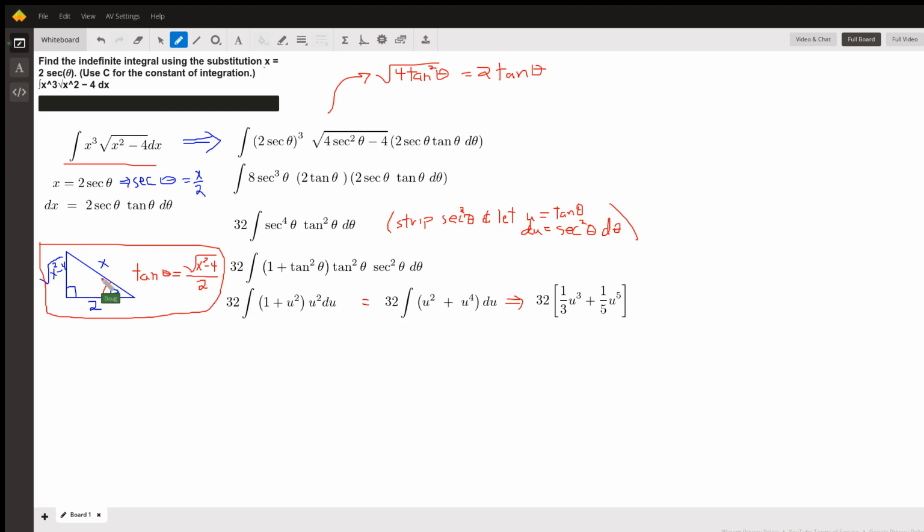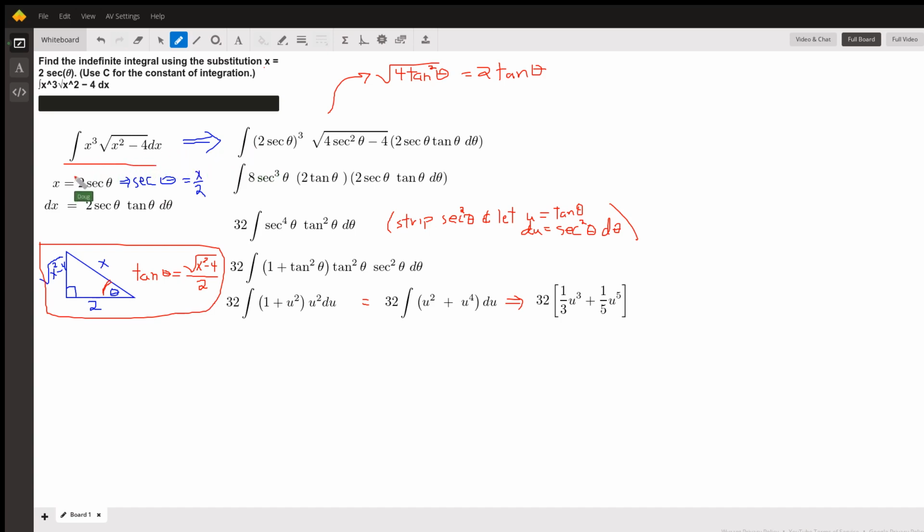The secant is x over 2, so the opposite side must be the square root of x squared minus 4 by the Pythagorean theorem. And that tells us that the tangent of theta is going to be the square root of x squared minus 4, over 2. We'll use that later. Okay, so now we're ready to try some substitutions.